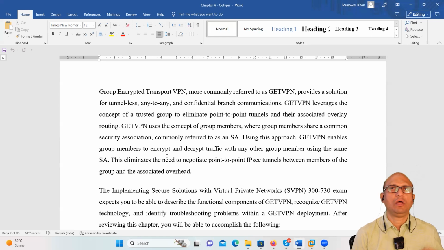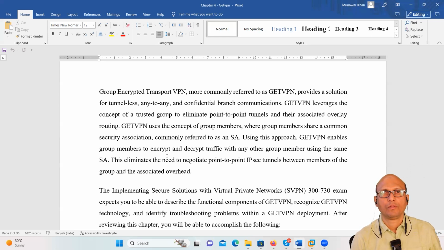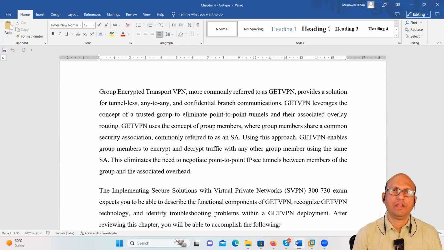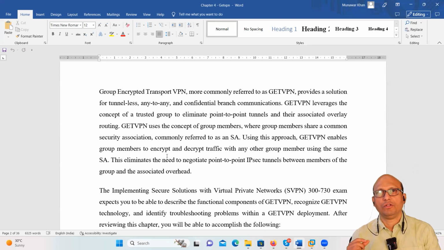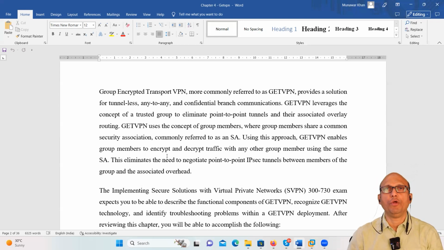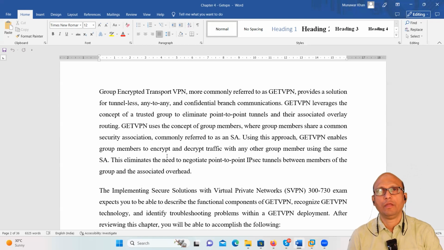All other VPNs like site-to-site VPN, LAN-to-LAN VPN, DMVPN, remote VPN, that is AnyConnect VPN, SSL VPN, all those VPNs are designed for public infrastructure. Whenever you are using a shared infrastructure, we go for that VPN. So this is something where we are going to use it for MPLS network or where the network is private.